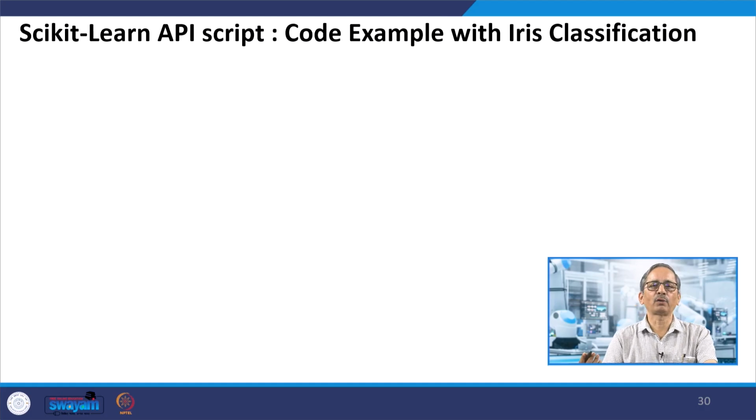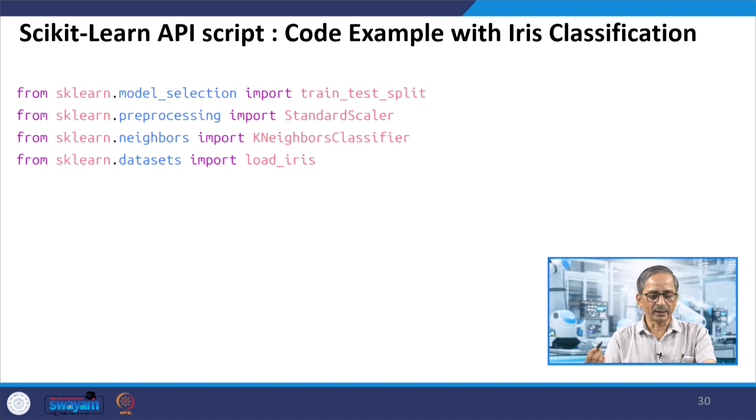So here is the code example with iris classification, which we have seen when I introduced machine learning to you. Okay, so here these are the scikit-learn API imports: model selection, pre-processing, neighbors, and datasets.